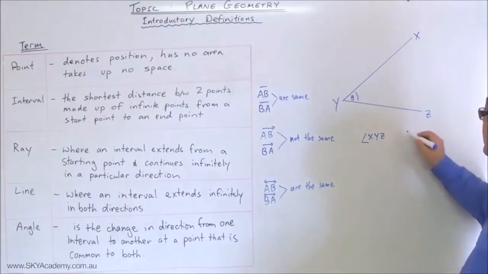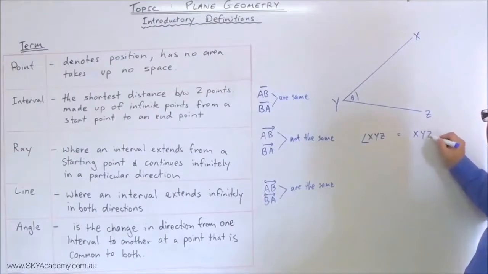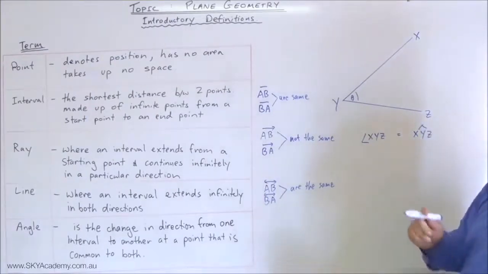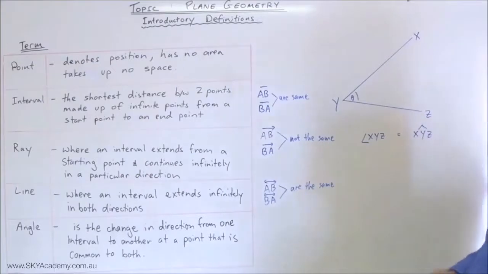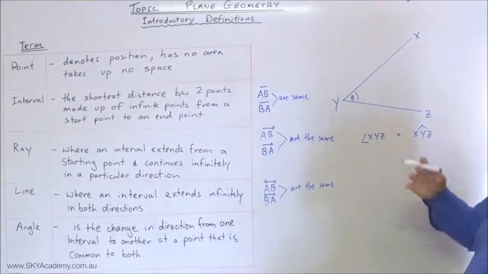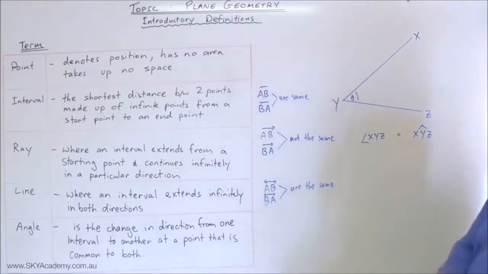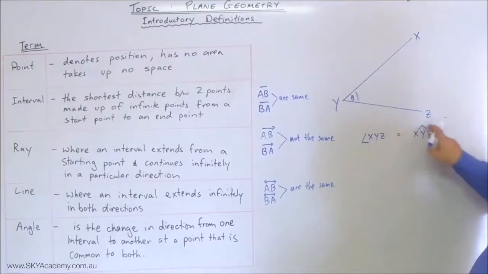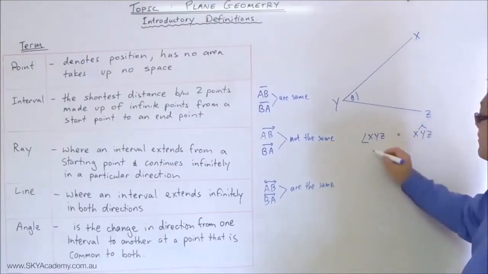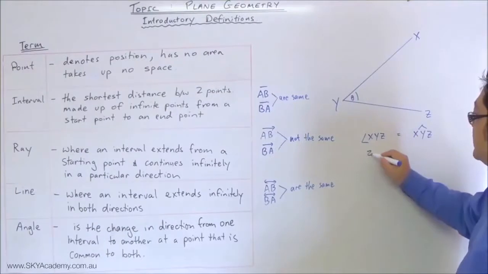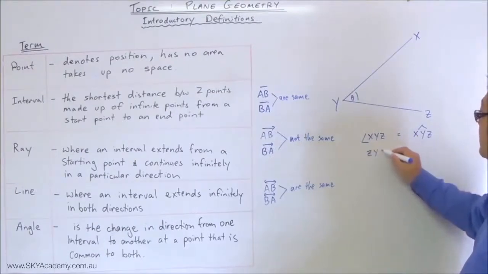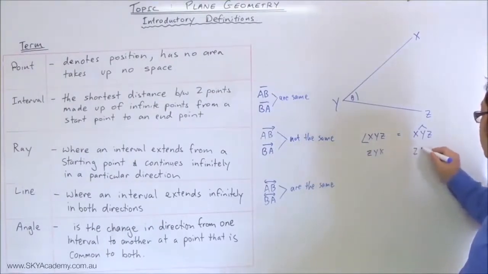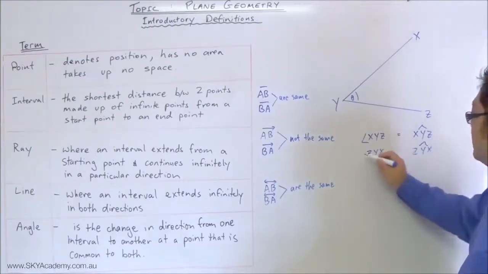Or another way of writing that is XYZ with a little hat on the top. They're different ways of expressing the same thing. Or the other way that you can express it is ZYX, with an angle sign there, or with a hat there.